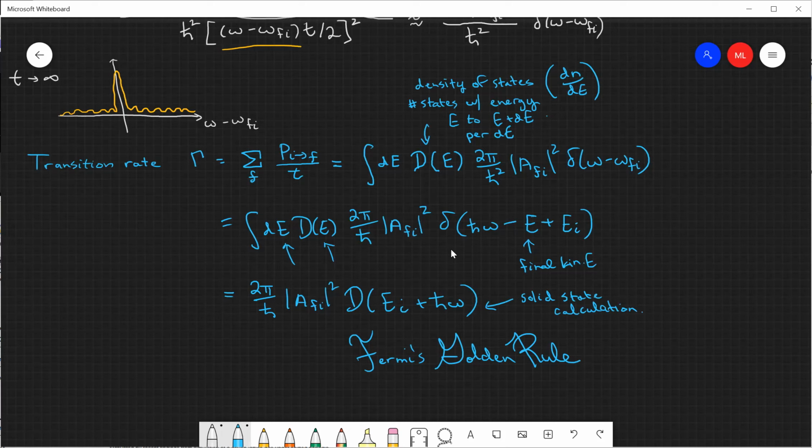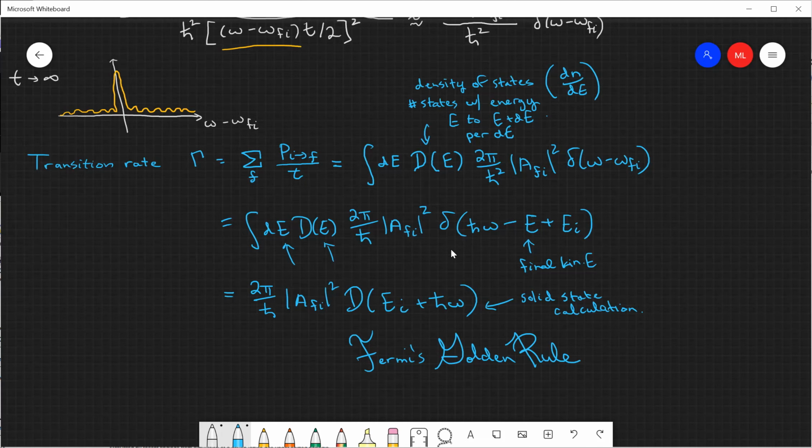It's just counting states. It's just a particle in a box, essentially. You can put a particle in a periodic box and then count the number of wave functions that can fit in the box at a certain energy. And that's kind of it. It's not particularly interesting. I assume you've seen it at some point before. It's a very common kind of thing to do. So yeah, I won't do it.